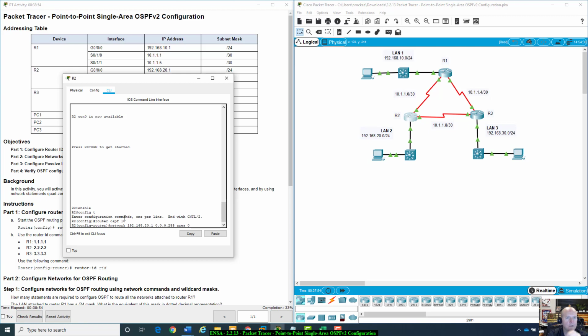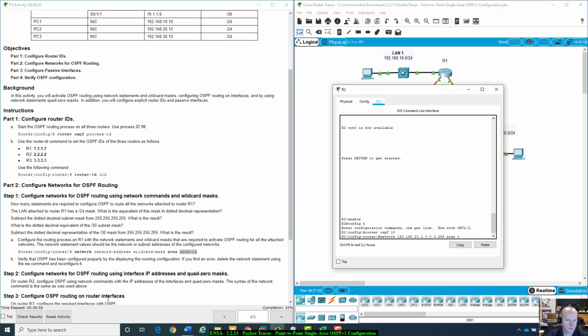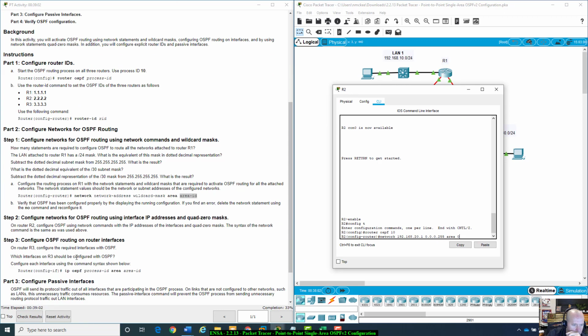Wait. Make sure I'm not doing this wrong because that didn't look right. On router 2, configure OSPF using network commands with the IP addresses of the interfaces and the quad 0 masks. All right, so yeah, that didn't look right.